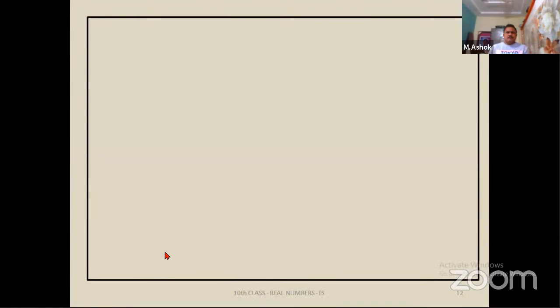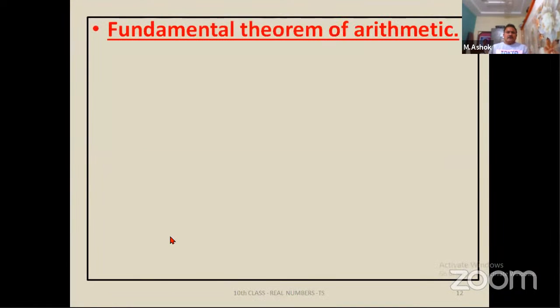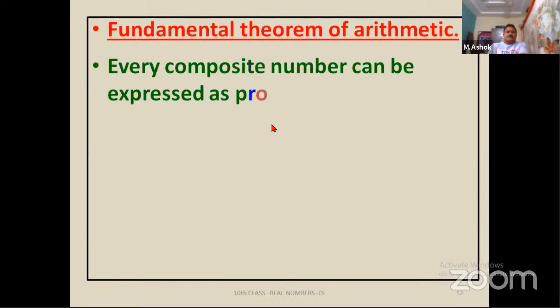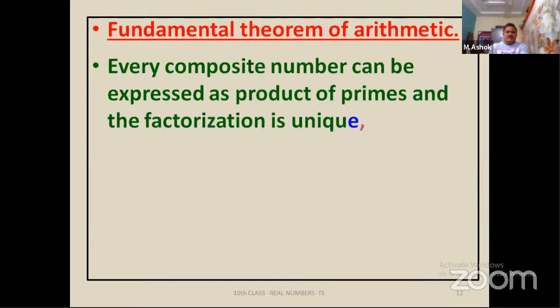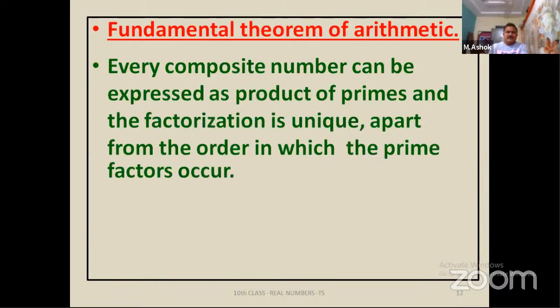Now the statement of the fundamental theorem of arithmetic is: every composite number can be expressed as a product of primes and the factorization is unique apart from the order in which the prime factors occur. So this is the statement.